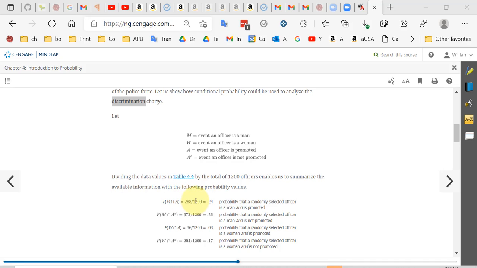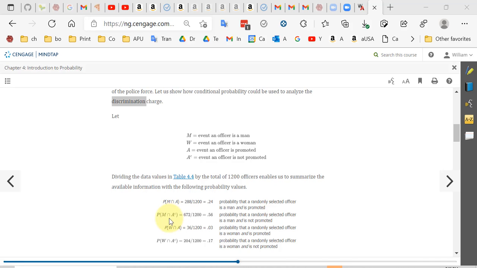Okay, so that's just a separate problem. It's not a conditional probability problem yet. We're just doing this problem, and the number turns out to be 0.24. And then we could also ask another question. This is still not a conditional probability question, but it's asking about M intersect A complement.